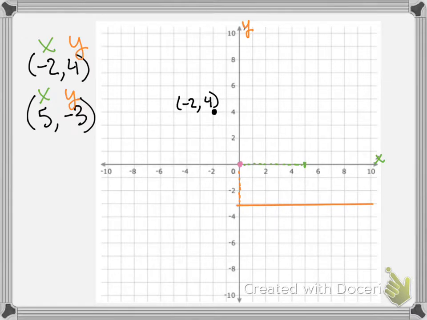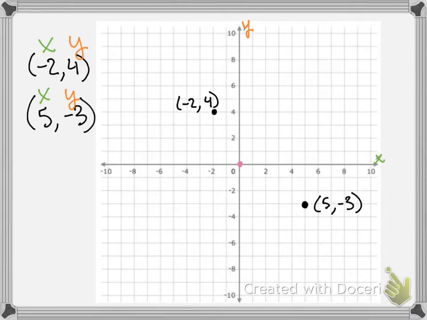And here's my second guideline. And I'm looking for where they cross, and I see that spot. They cross right here. So when I get rid of my guidelines, I can tell that my point is right there. So this is 5, -3.